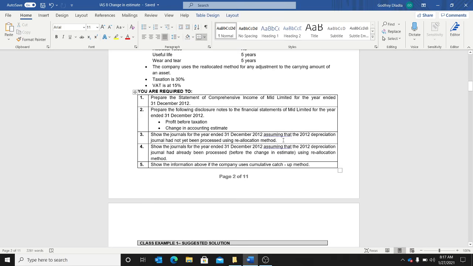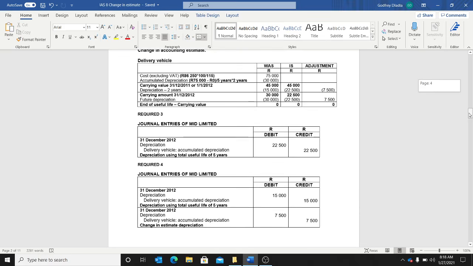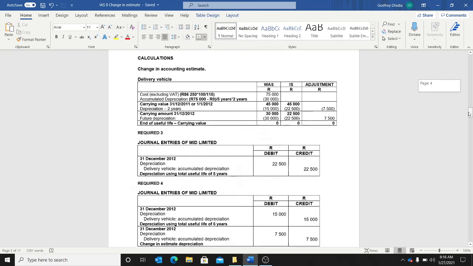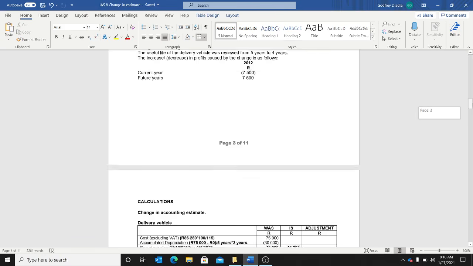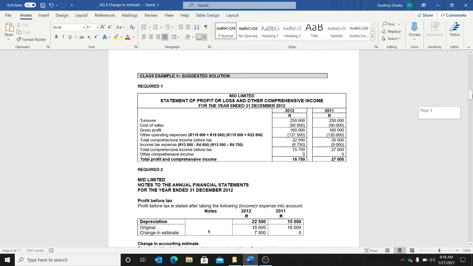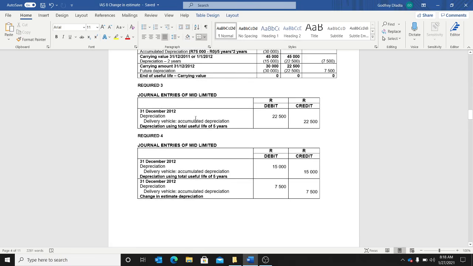Okay. So let's look at number 3. They are saying you've not processed the journal entries for that year. So show us what you're going to do. Right. So this is the situation. Here's number 3.